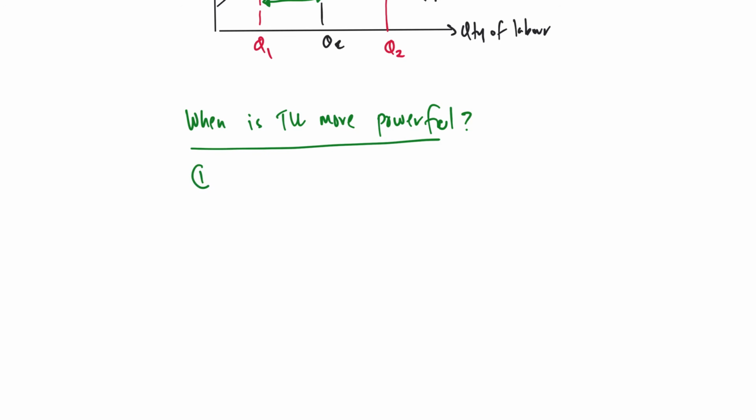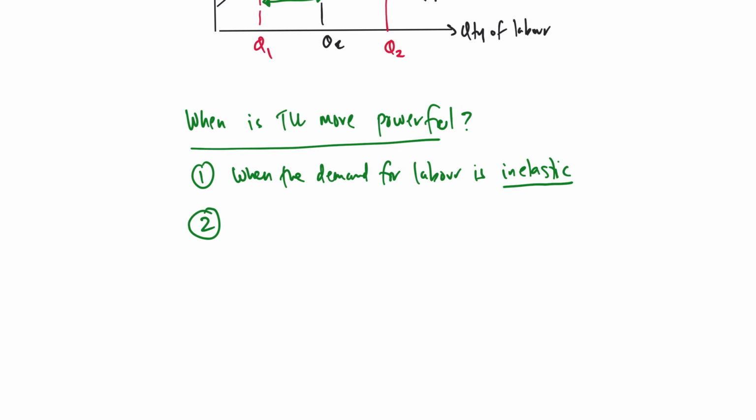Number one, when the demand for labor is inelastic. If the labor demand is inelastic, then automatically the trade union will be more powerful.